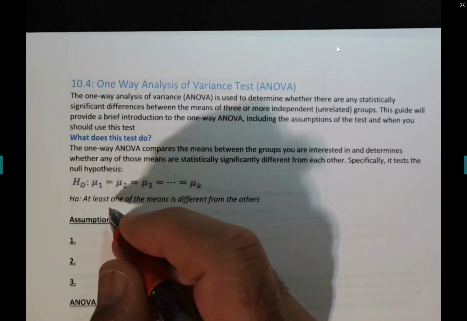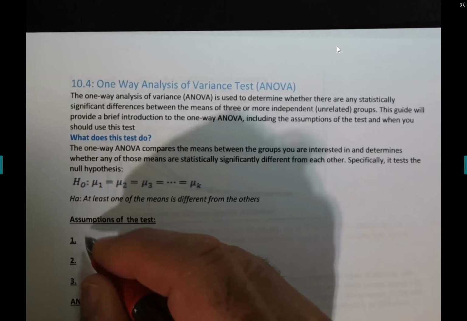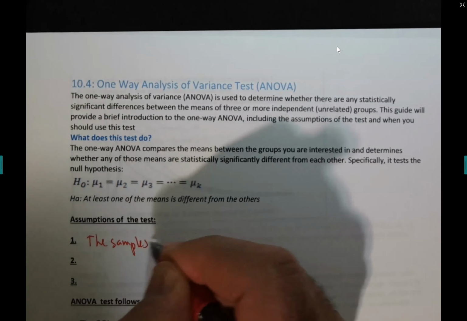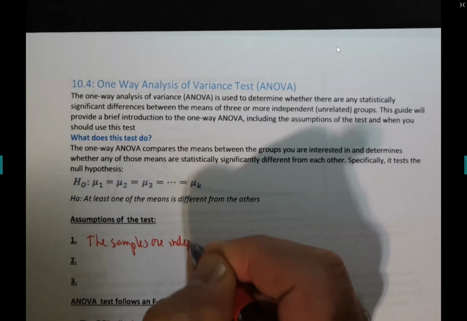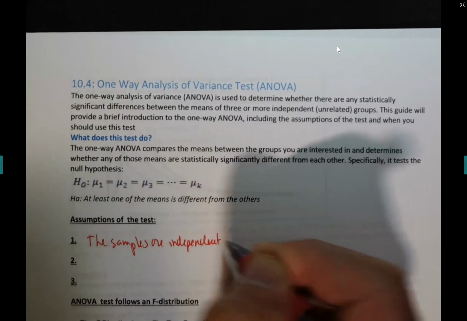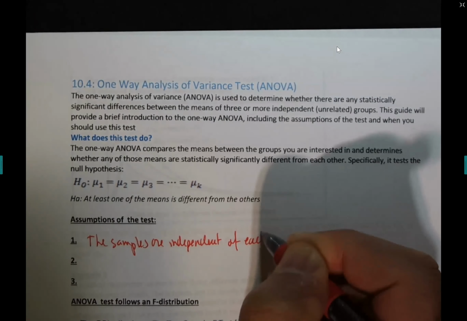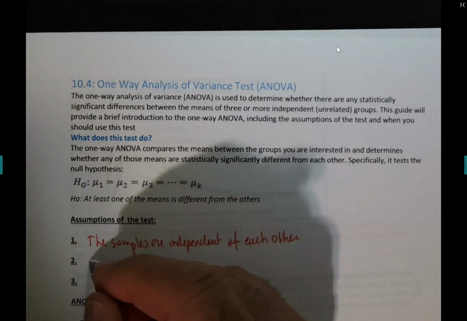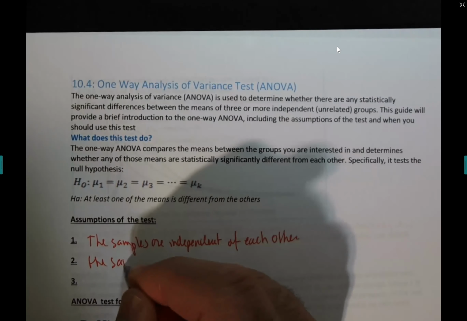The first assumption is the samples are independent of each other. That's assumption number 1. Assumption number 2, the samples are random.